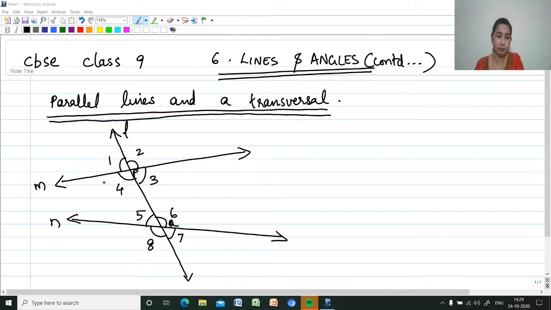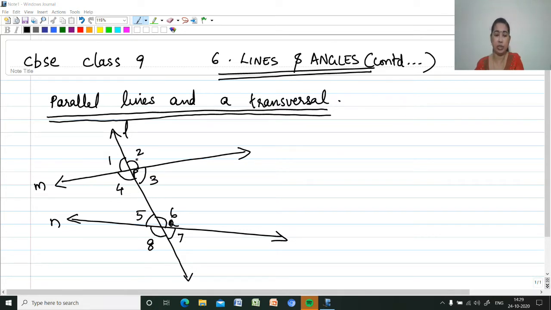So here I have drawn two non-parallel lines, M and N, and another line L. A line which intersects two or more lines at distinct points is called a transversal. So, what is a transversal?